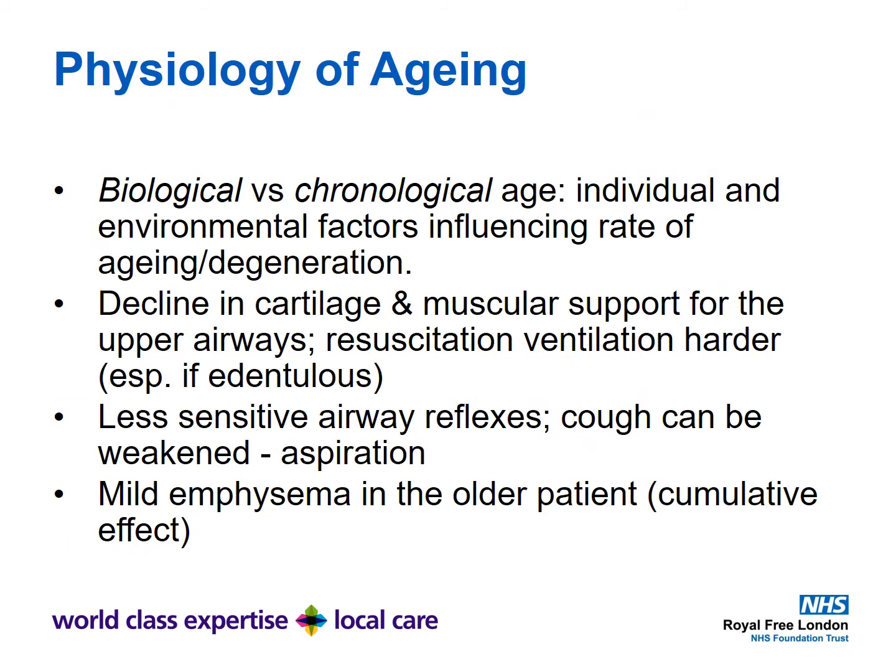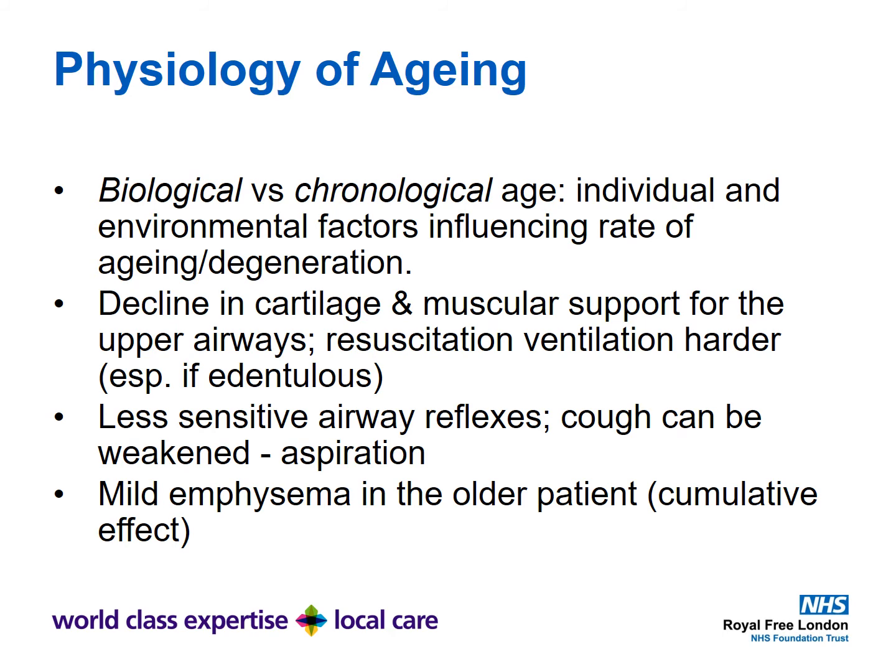So let's talk a little bit about the physiology of aging. Now, some of you may have heard about the concepts of biological versus chronological age, and this simply means that, for example, in chronic liver disease, you might see someone who is chronologically 35 but biologically much older.